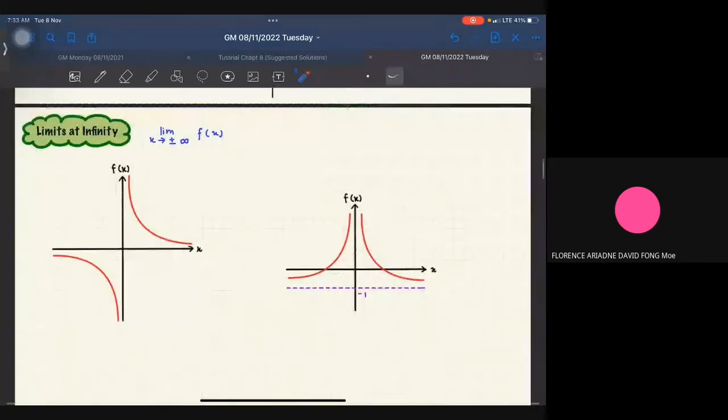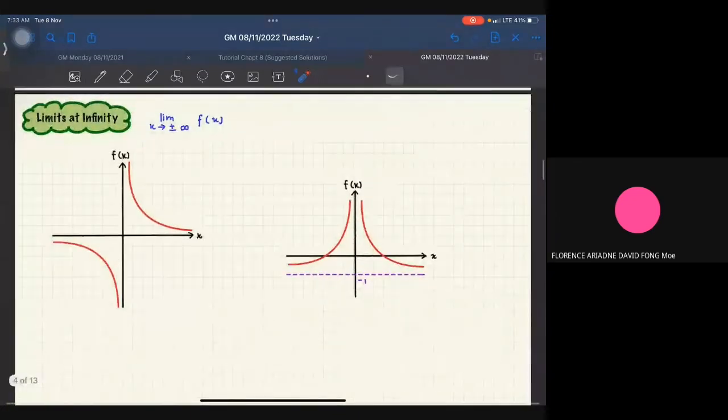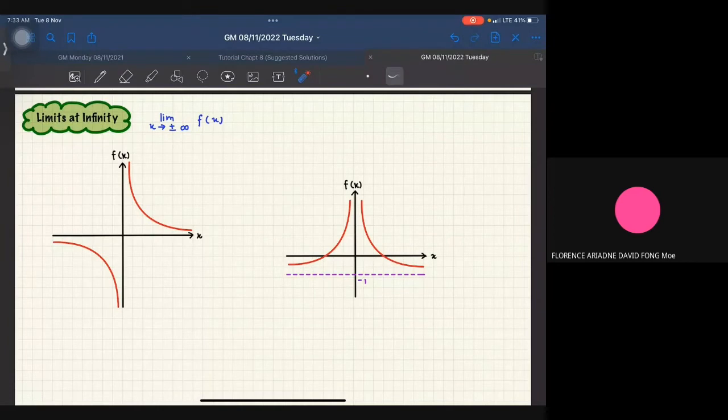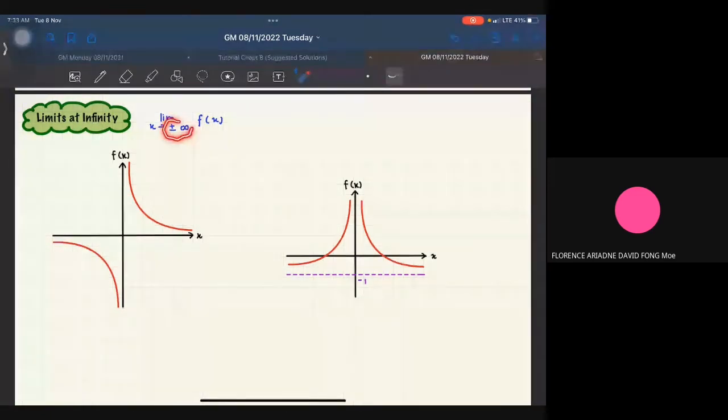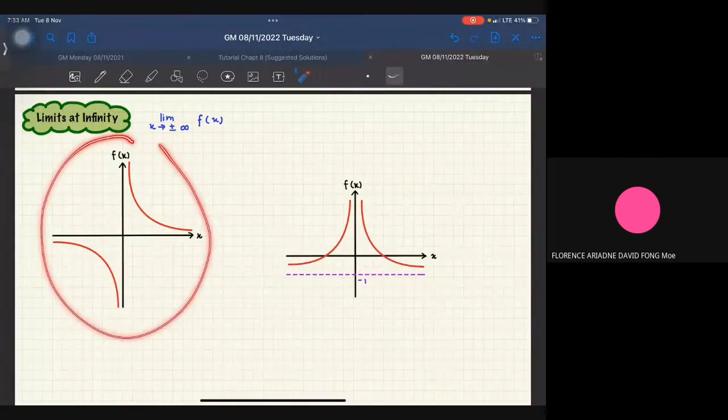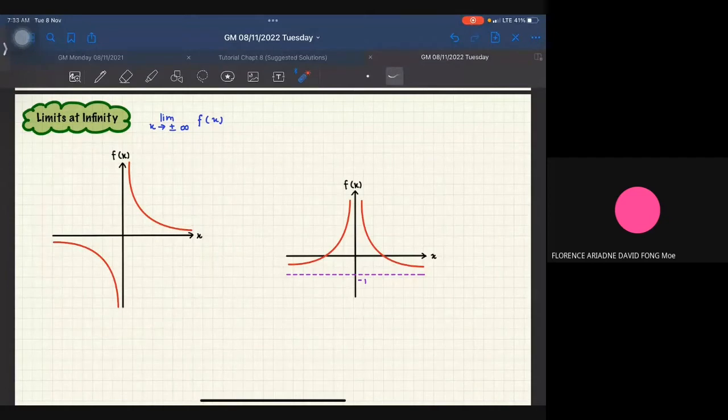Okay, so last part in 8.1, limits at infinity. Apa maksud dia adalah bila kita ada nilai X tu, X is approaching positive or negative infinity. Okay, X ni menghampiri nilai yang positif ataupun negative infinity. So dia pergi ke nilai yang sangat-sangat besar ataupun nilai yang sangat-sangat kecil. Tengok kat example yang pertama. X kita approaching positive infinity dulu.